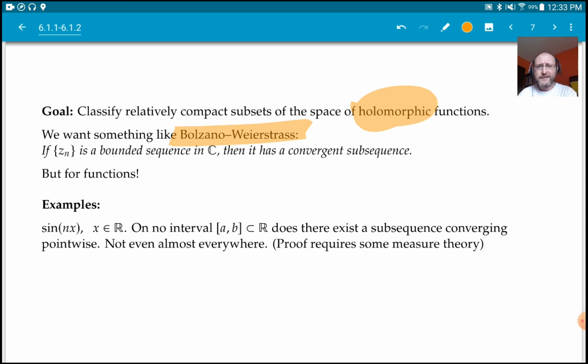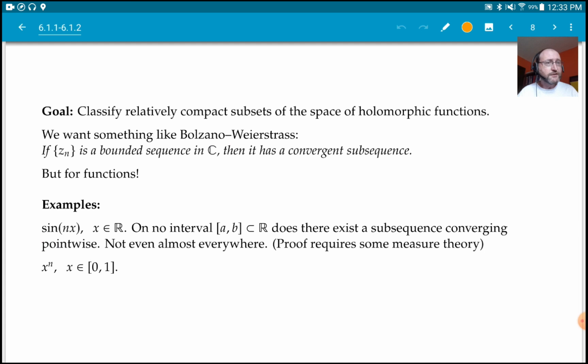And this is not even for pointwise, not even for the simplest of convergences. And these are all bounded, all bounded by 1. So we cannot expect something this simple. There has to be some other hypothesis that we need.